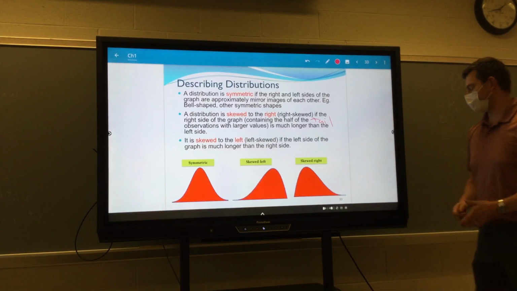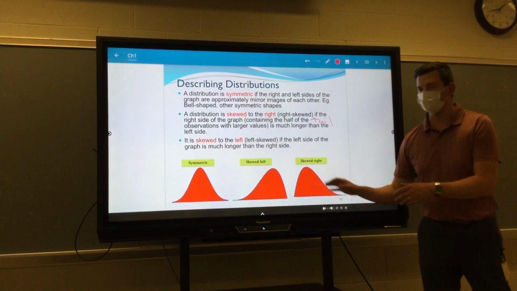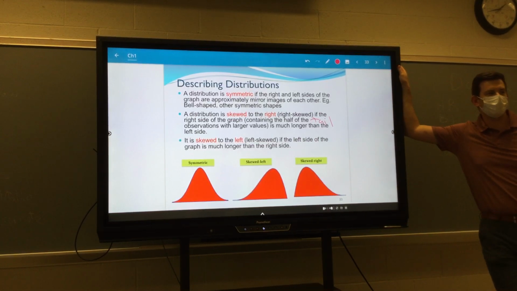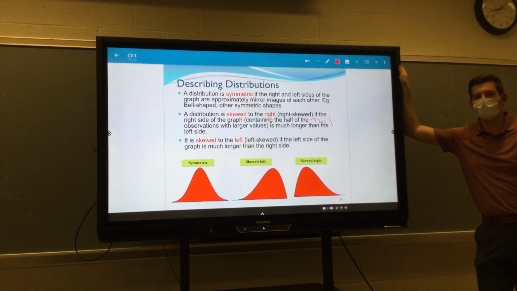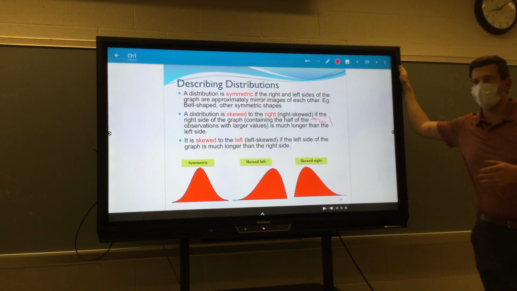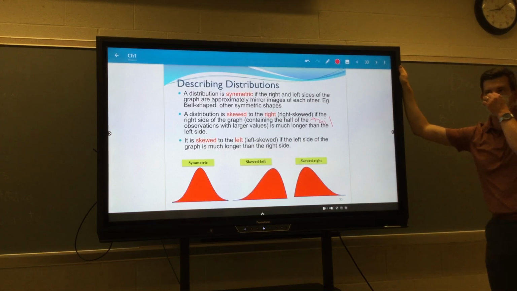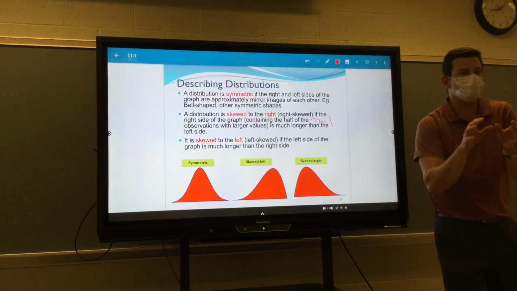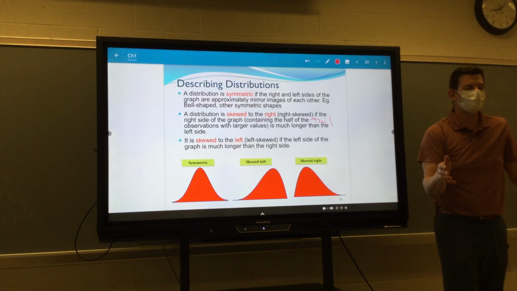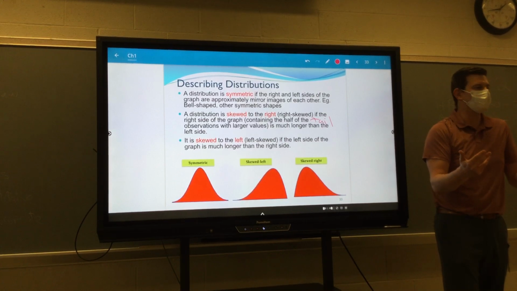I always say there's an example of a data set that's skewed to the right. When LeBron James was playing for Cleveland, he's Ohio born and raised, born in Akron, Ohio, and when he's making his tens of millions of dollars, he decides to build a $25 million mansion in Akron, Ohio. Not too many other $25 million mansions in Akron, Ohio.